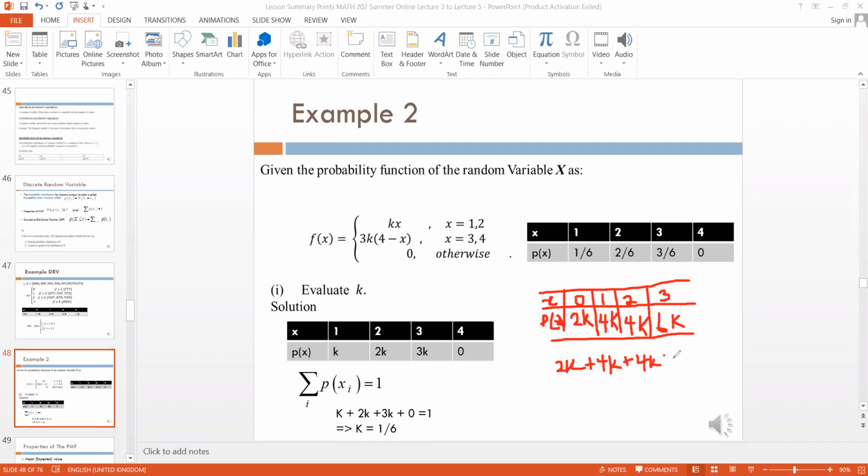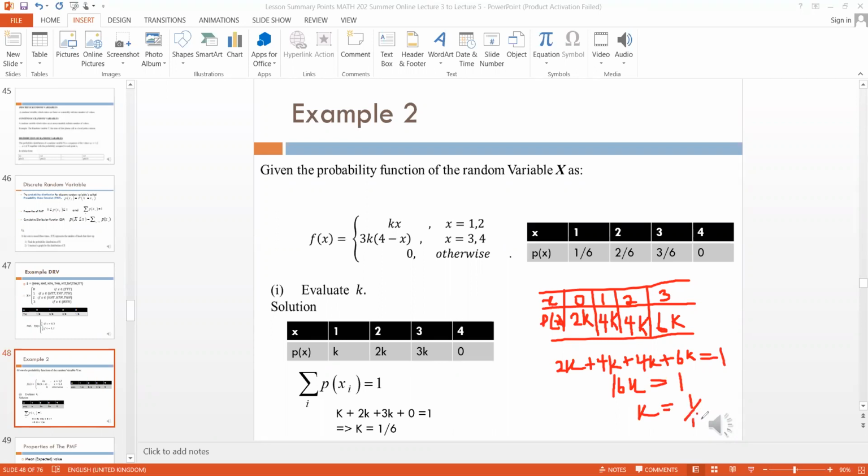That will be 16k is equal to 1. So we make k the subject of the formula. So k is equal to 1 over 16.